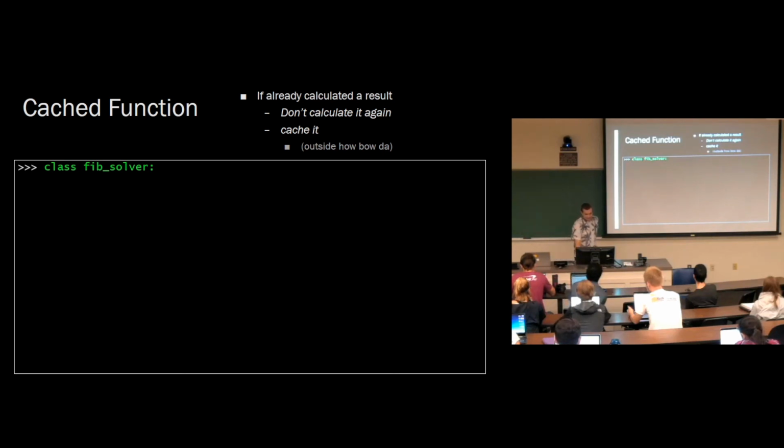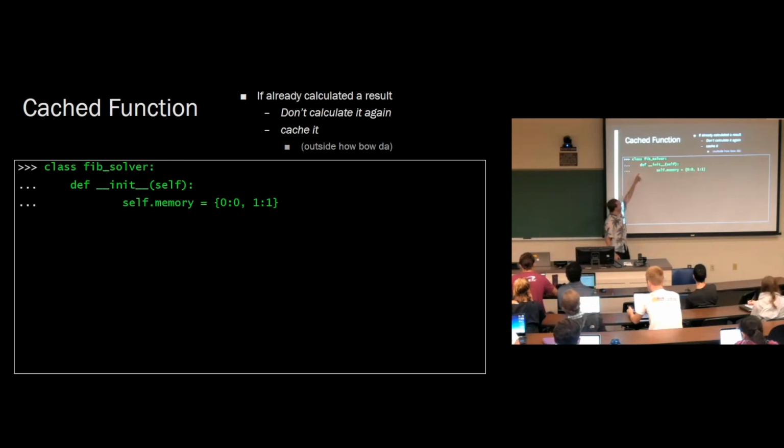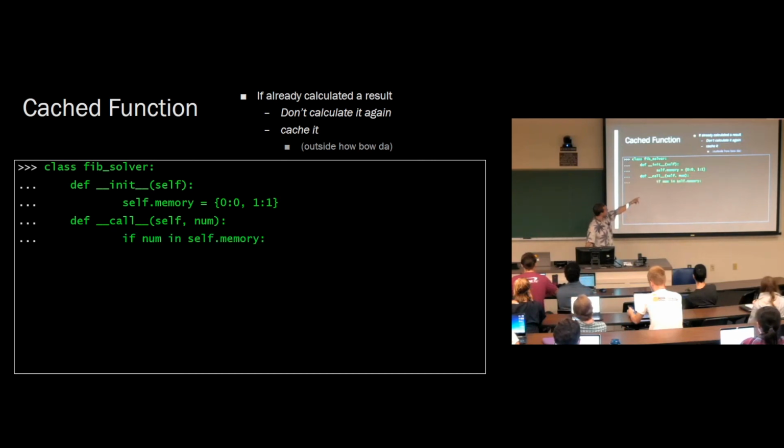But we can avoid this by caching results. So here we've got a fib solver class. And upon initialization, we're going to create some memory. 0 maps to 0, 1 maps to 1. And then upon calling an instance of the fib solver, we'll be passed in a num. And then if num is in our memory, just return the memory subnum.